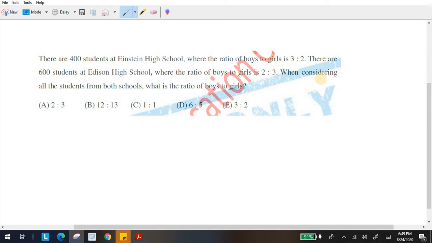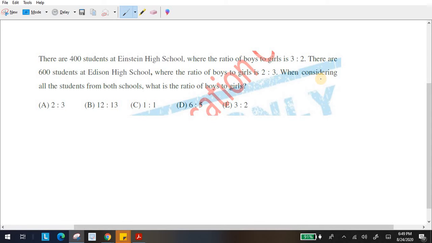Okay, so given that we have 5 total, 5 times 80 is going to be 400, and then 80 times 3 is going to be 240 boys.